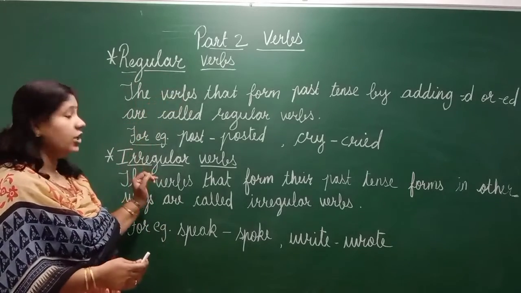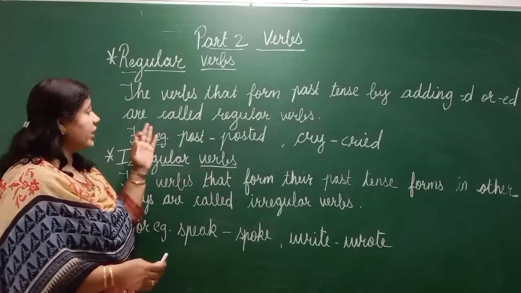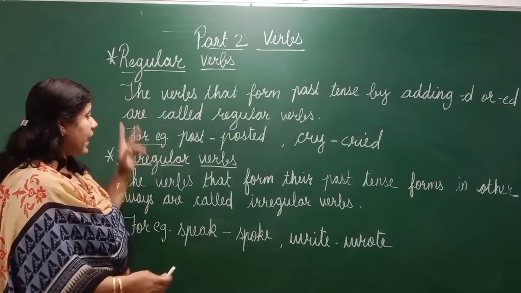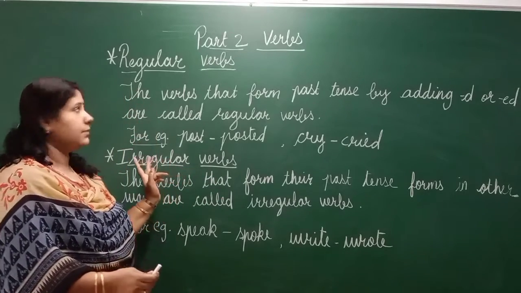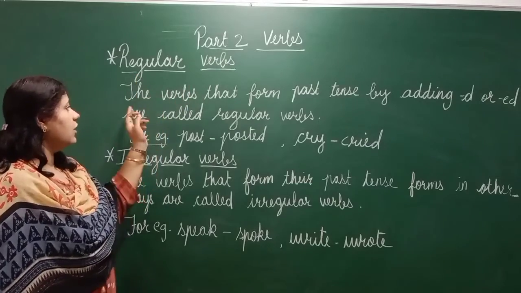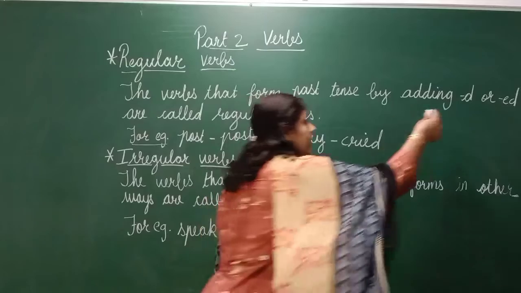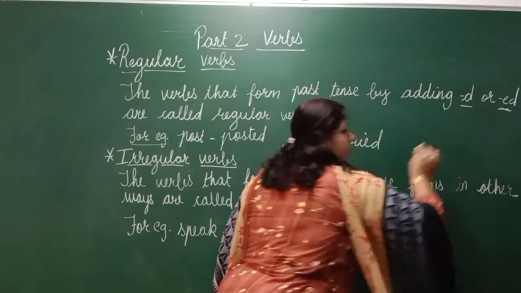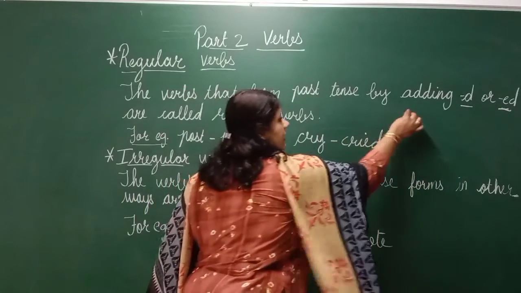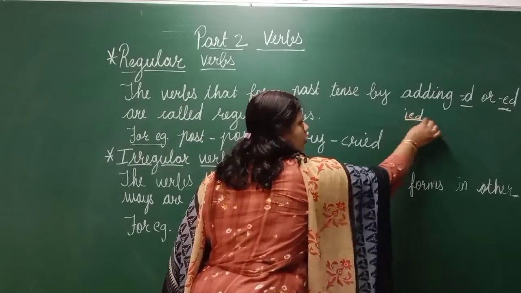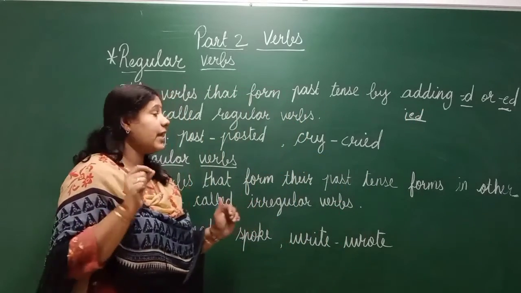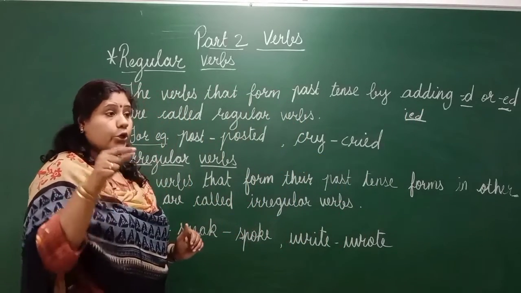Regular verbs, irregular verbs. Now let's read and understand what these two kinds of verbs mean. Regular verbs are the verbs that form the past tense by adding D or ED. Understood? Sometimes it takes IED also, if the word ends with Y, like occupy.